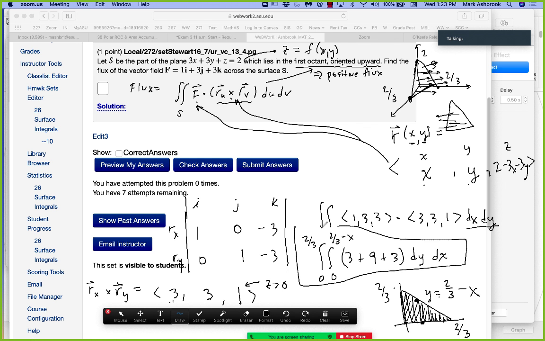For time's sake, I'll let you finish that. So this is the flux, or net flow, of this field through that surface.